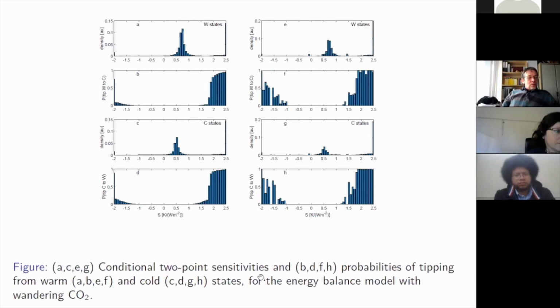So these are for runs using this energy balance model, a stochastic energy balance model with a wandering CO2. The left and the right panels are computed in different ways. The left panel is computed by taking random starting points and a range of different timescales between the first and the second point in the 2-point sensitivity.